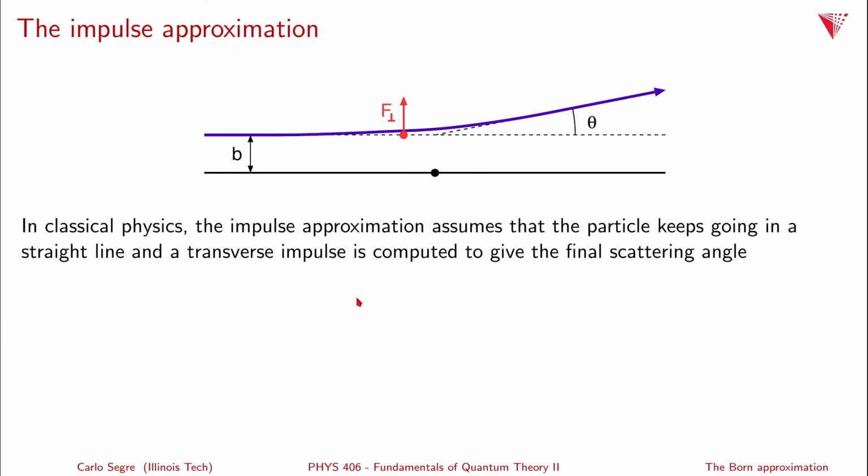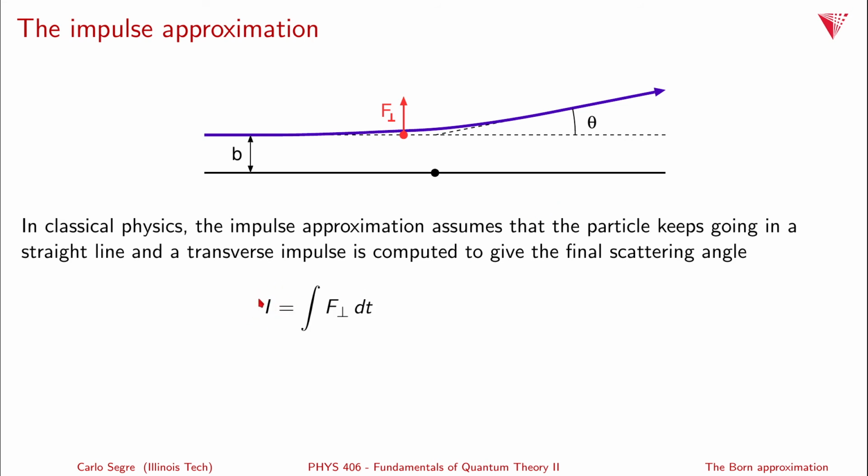Now in classical physics, in scattering theory we use something called the impulse approximation. This assumes that a particle keeps going in a straight line and a transverse impulse is computed to give the final scattering amplitude. So you have a transverse impulse, a force applied for a certain amount of time that gives you the final angle.